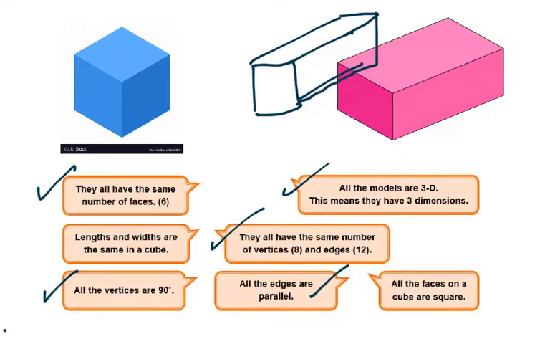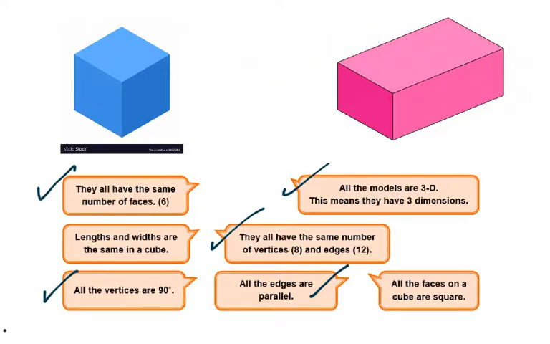So this one would have a square either end and then 4 rectangles. But this pink one has got 6 rectangles that are all different. So it does depend on the cuboid, but that's something that is different.